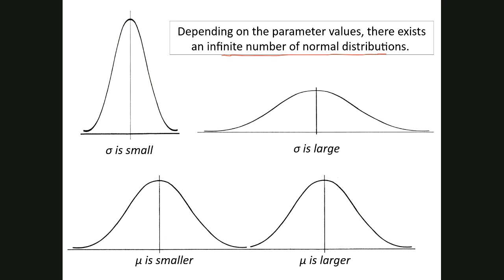So in this example in the upper left here, if the standard deviation is small, that means the width of this curve is small, which results in a tall and narrow distribution. If the standard deviation is large, again, just by the scale, you can see that this standard deviation is larger than that standard deviation, then it creates a wider distribution.